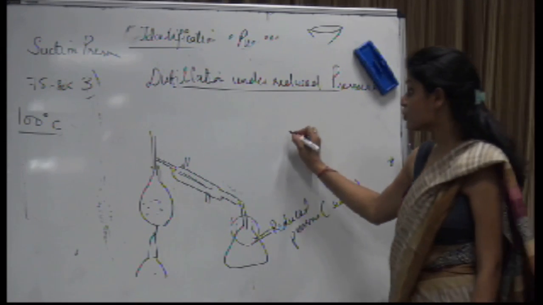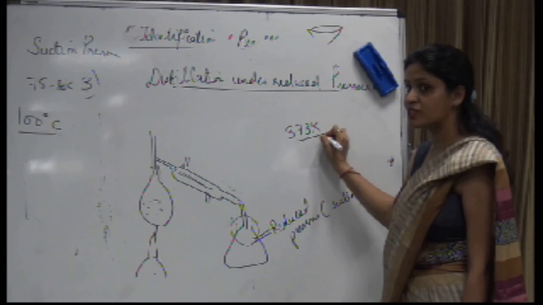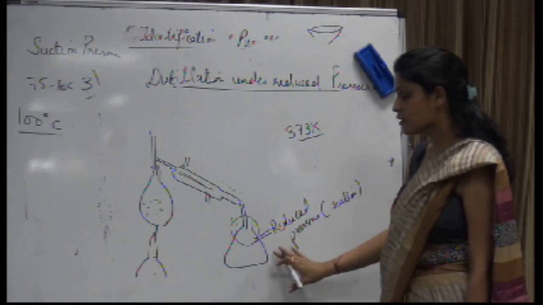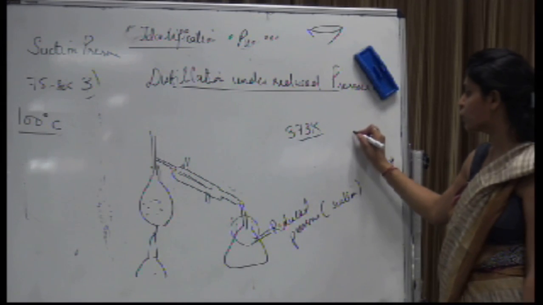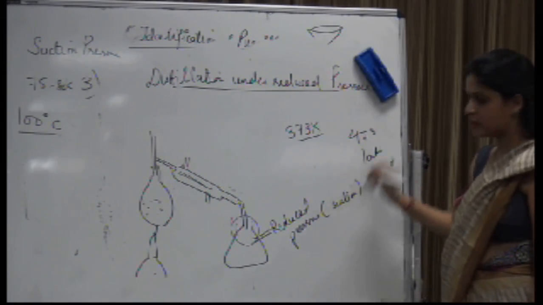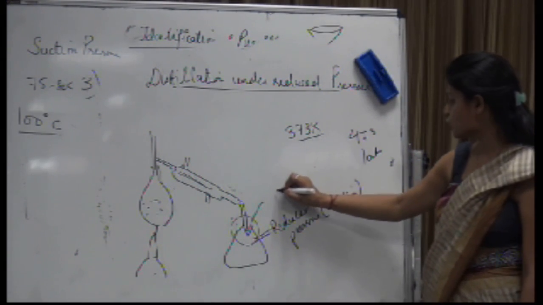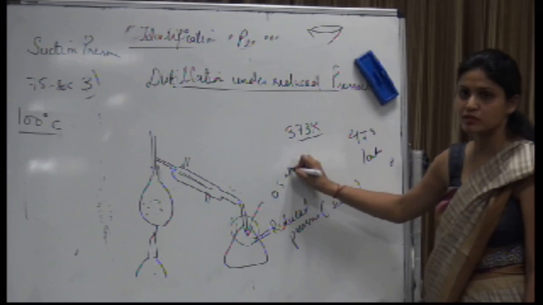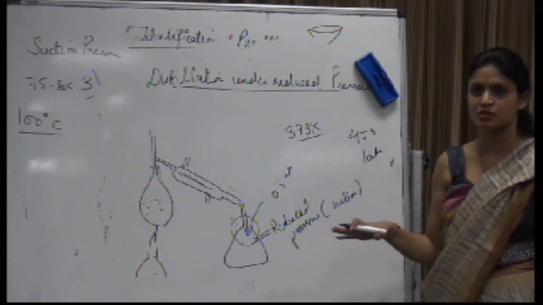But we are not reaching this temperature, 373 Kelvin. I am reaching a lesser temperature, because just suppose its boiling point was 473 at 1 atmosphere, but here in this flask there is a pressure of say 0.5 atmosphere. If the pressure has changed, then the boiling point would also change.